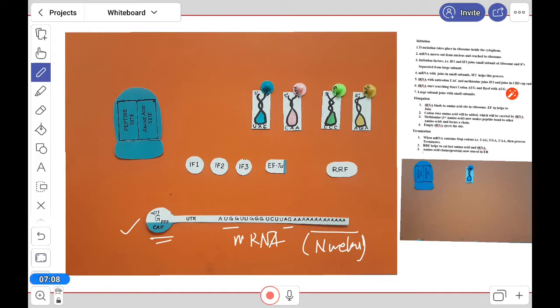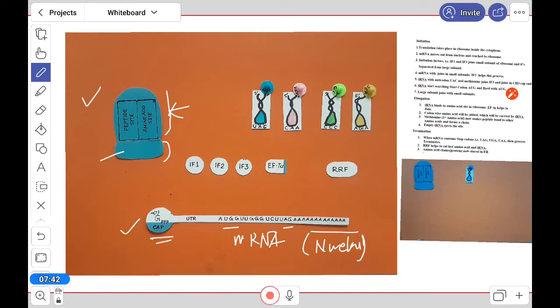Here is a ribosome. I think you know that ribosomes are different in prokaryotes and eukaryotes, so here I am showing it in general. This is the small subunit, and this one is the large subunit. In eukaryotes the small subunit is 40S and the larger is 60S. Both are very important.